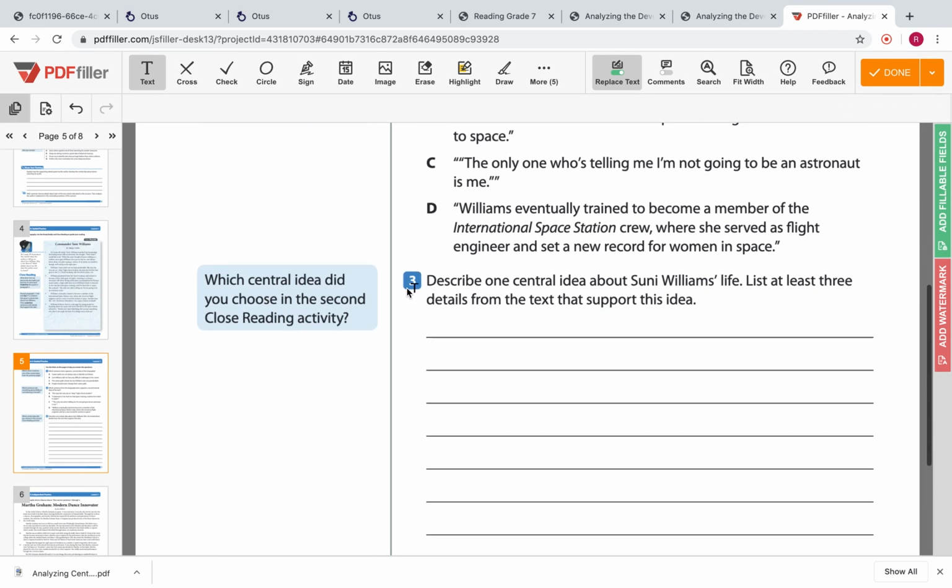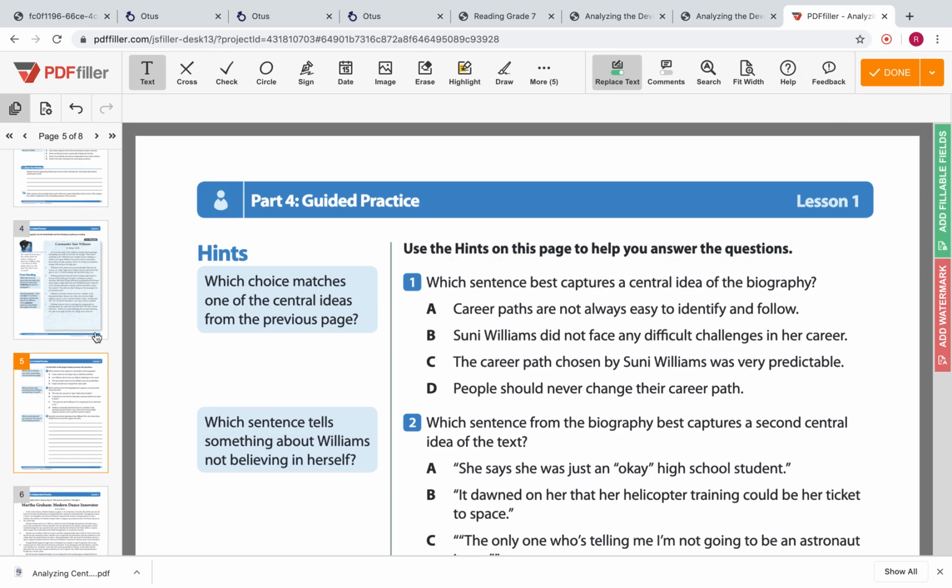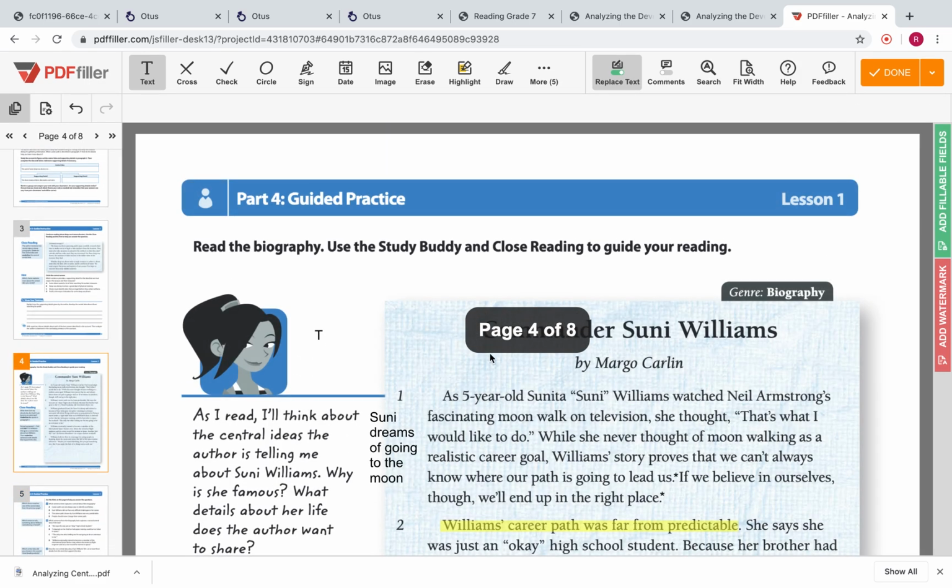For this question, remember that this is a short response. And for this one, you have to list at least 3 details from the text. Usually short responses too, but it's asking us for 3 details. All right? So remember to answer the question and support it with direct quotes from the text. All right? And that is all.